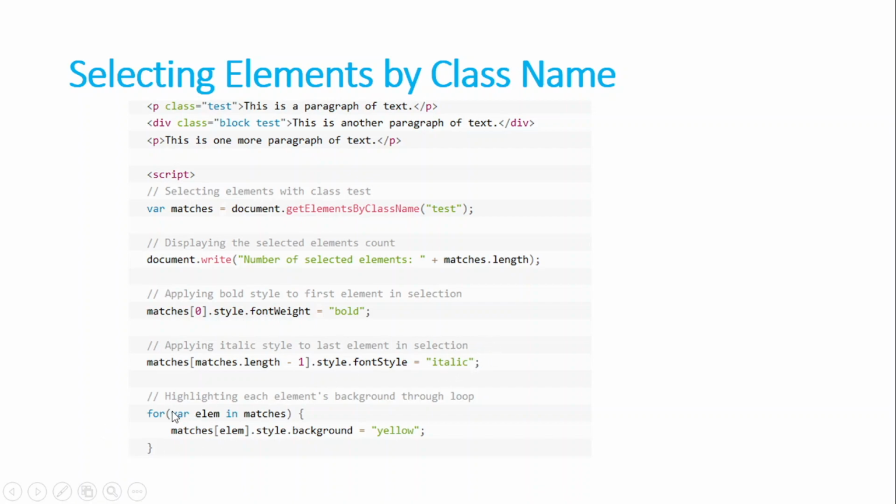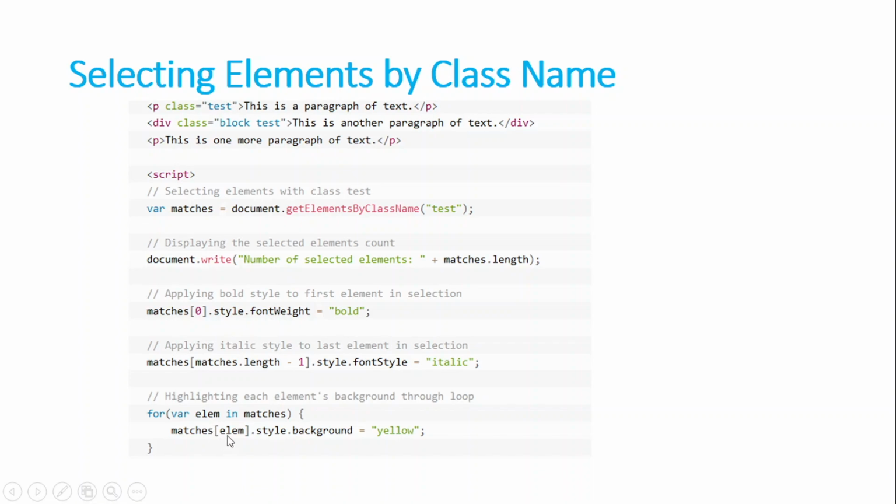Also we can style all of the elements by using a for loop. We remember this syntax from the previous videos, on how we can access all the elements by using this for-in loop, where lm is the object we'll be getting from the array. In is a keyword which allows us to specify the array, so we can specify this array now.